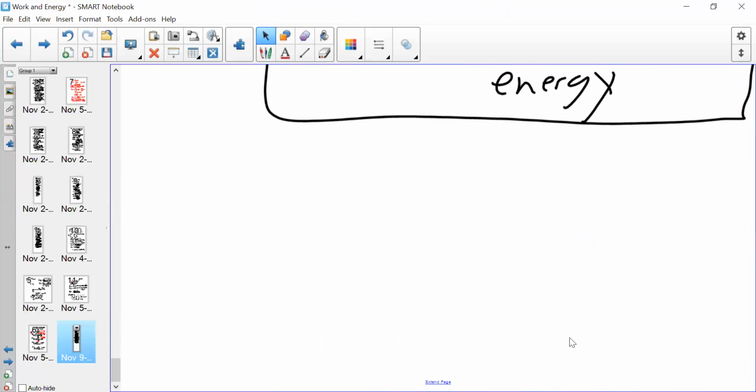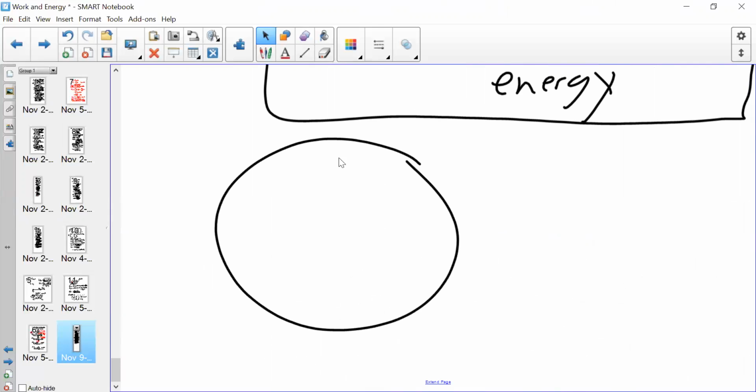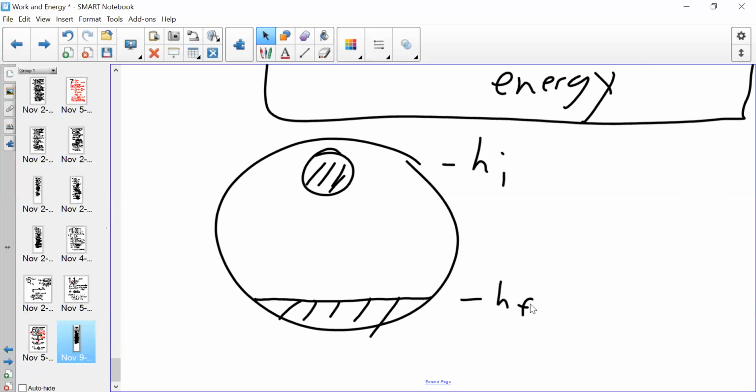All right, let's go back to the ball-Earth system, and let's put some numbers. This is my initial height and final height, because I'm going to drop this ball.